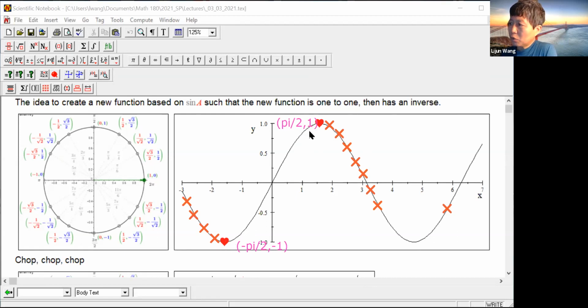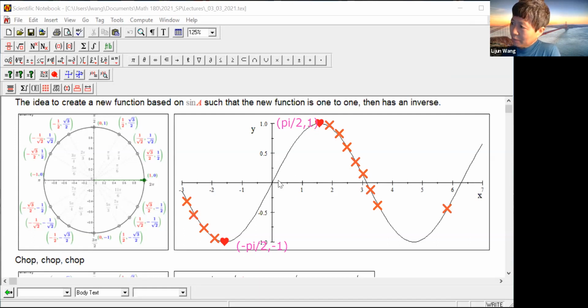And this piece corresponds to what in the unit circle? And what is the mathematical expression of it? It's easier to understand the graph, but what is the mathematical expression of this chopping?